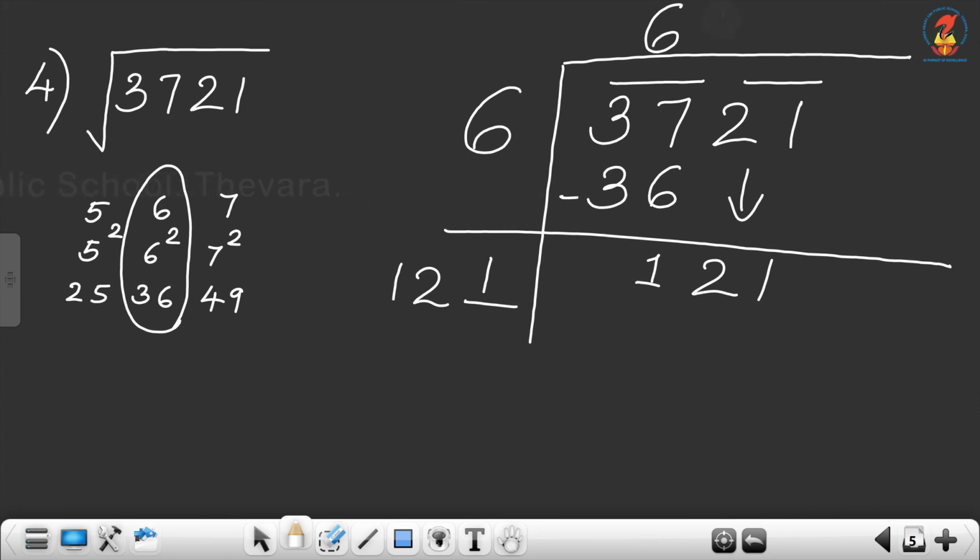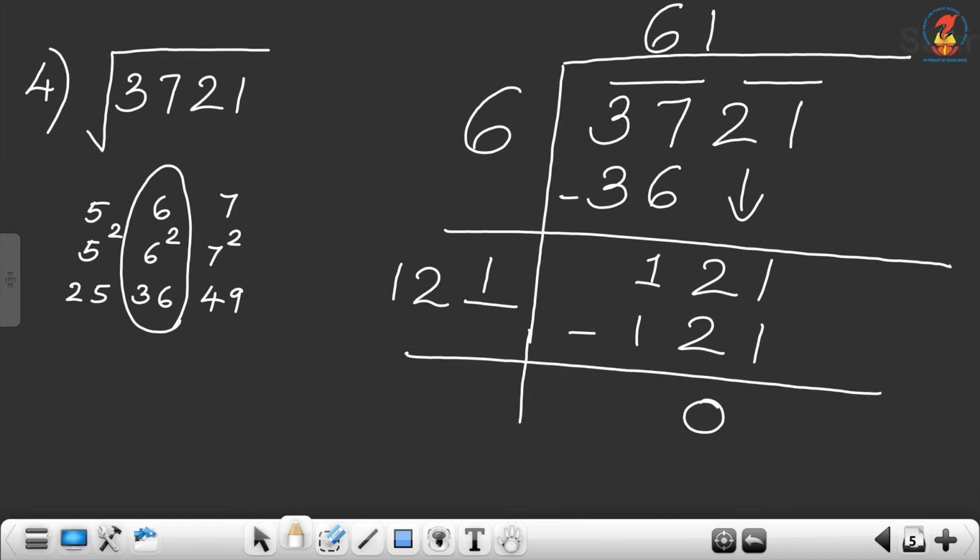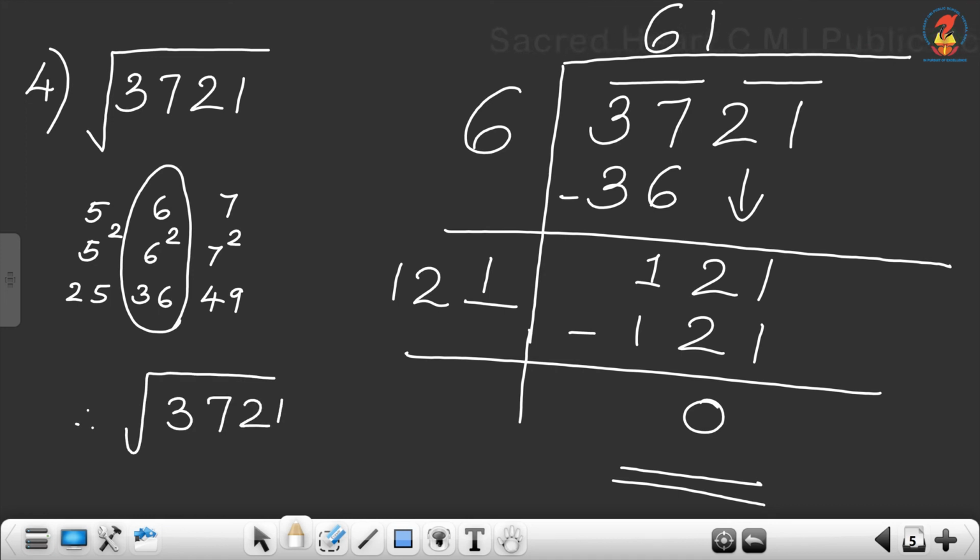So that will be the new digit in the quotient also. So 121 into 1 equal to 121, and the difference is 0. Therefore, square root of 3721 is equal to 61.